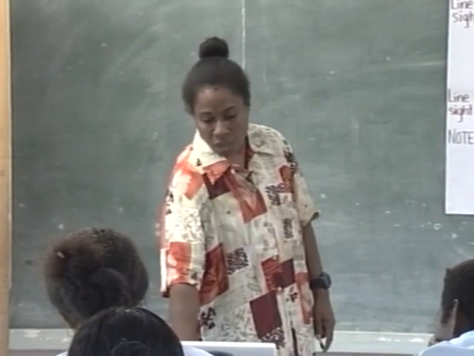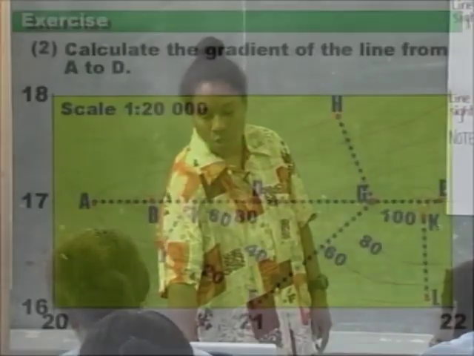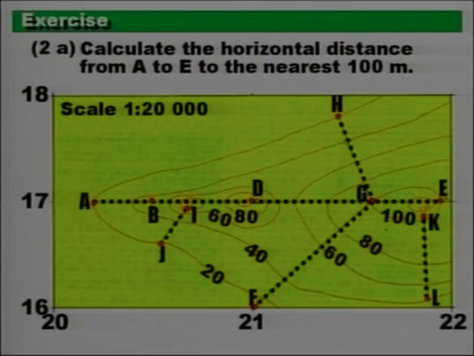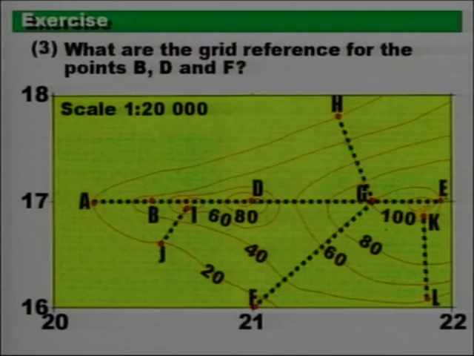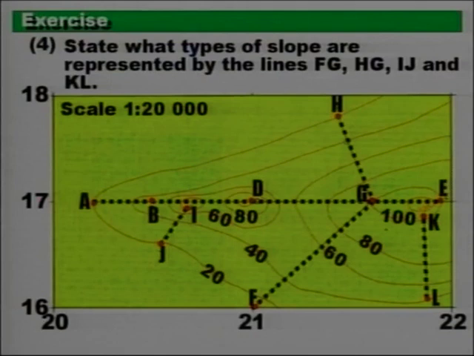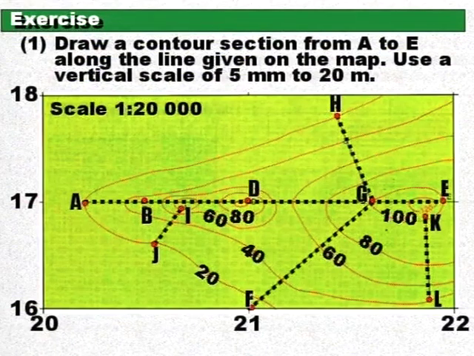Then you are supposed to calculate the gradient of the line from A to D. The next activity was to calculate the horizontal distance from A to E, but giving your answer to the nearest 100 meters. Grid referencing, points B, D, and F. And the last activity, identifying the type of slope that have been represented by the lines FG, HG, IJ, and KL. Shall we look at the first one?